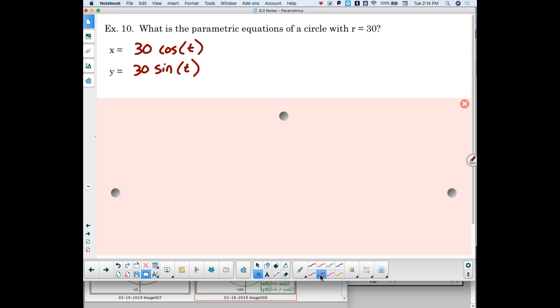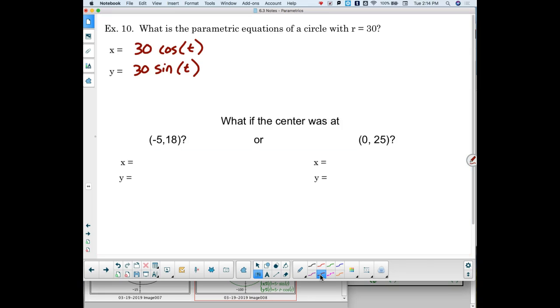That's centered at the origin. What if I tweak those centers, same circle, what if the center is now at negative 5, 18? 30 cosine of t minus 5.